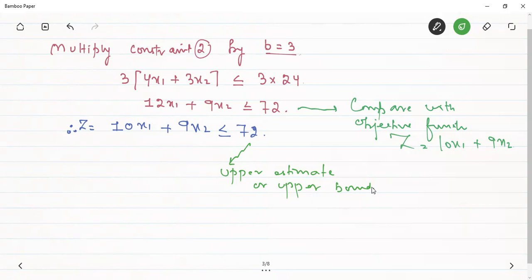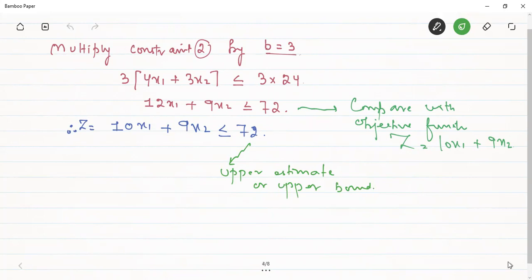So so far, what I have done here is I have multiplied the first constraint by a, and I left the second constraint untouched. In this current iteration, what I did is I multiplied the second constraint and left the first constraint untouched. But what we can do is multiply both constraints simultaneously and add them.